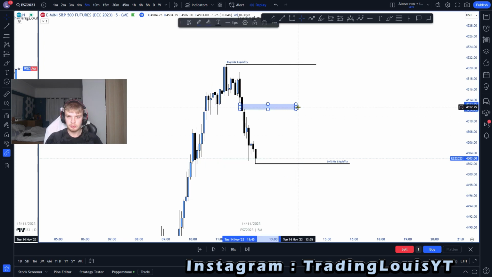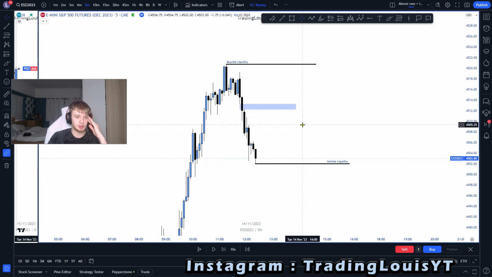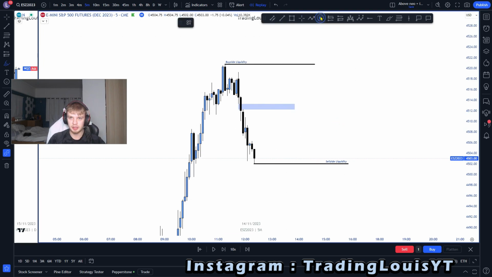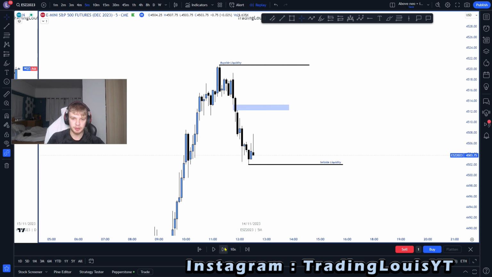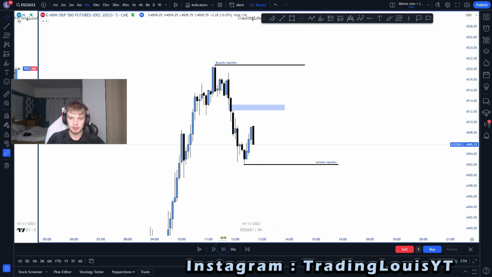As you know, the model that I mainly trade is the inverse model. So if this fair value gap got inversed, then that would show me that price would come and take this buy side liquidity. So all I did was wait for price action to play out.